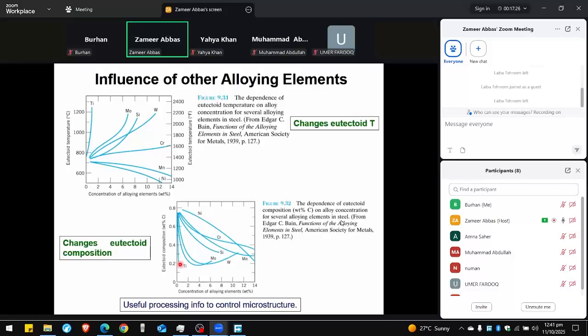What is the carbon content in eutectoid steels or eutectoid composition in iron carbon diagram? कितना है इस eutectoid content जो है? 0.8%.